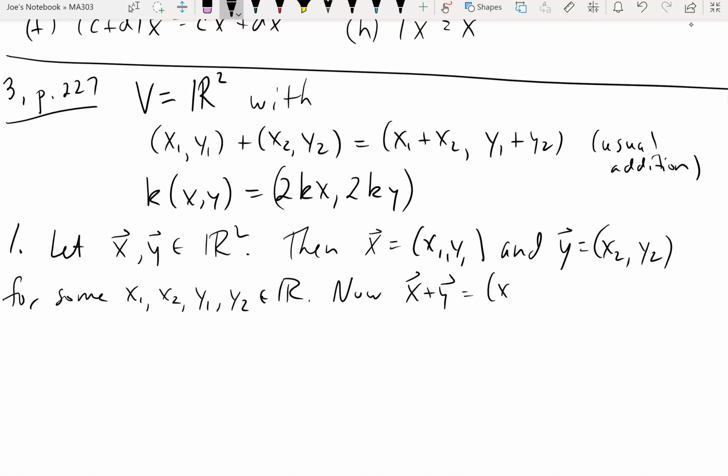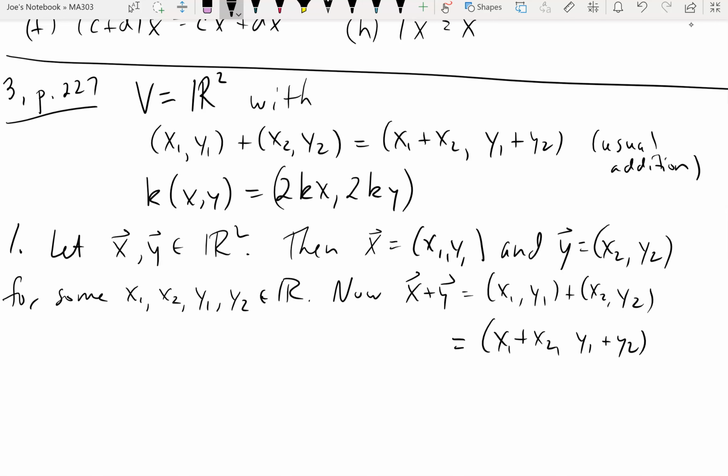Since it's usual addition, how do we add these two together? Yeah, just normally, right? So it's x1 plus x2, y1 plus y2.